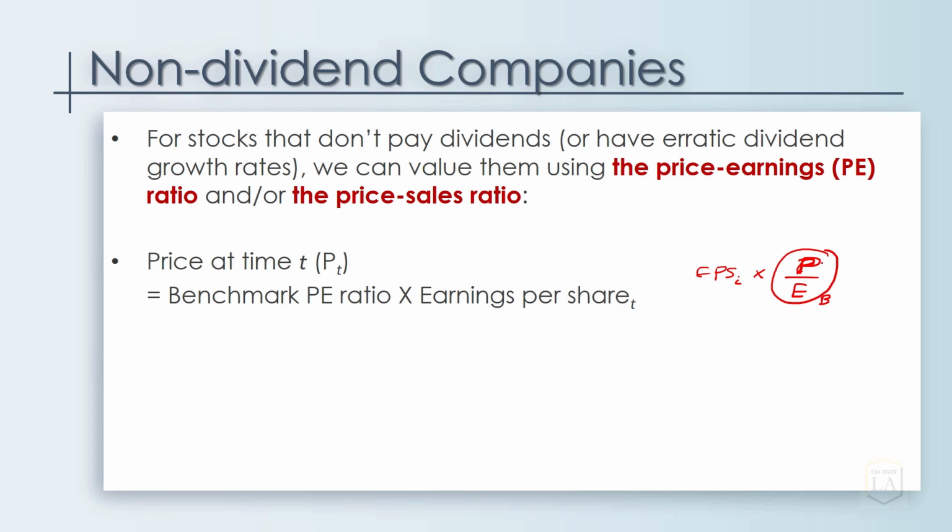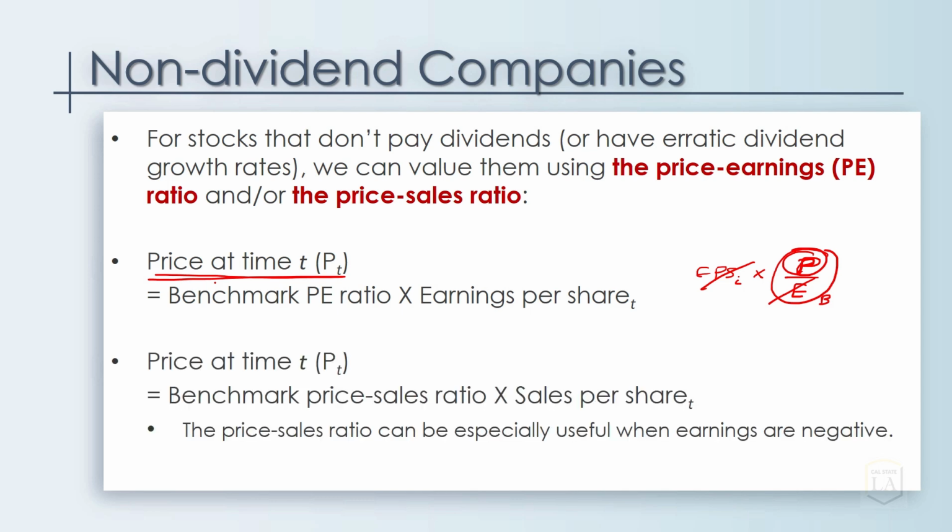Conceptually, if we take this P/E ratio as the target P/E ratio, what the P/E ratio of that firm is supposed to be, then they can just cancel each other out. The remaining price, we can take as the value of that stock. So the benchmark P/E ratio, if it is given, you multiply by the current earnings per share of that firm, and that would give us the estimated value of that stock.